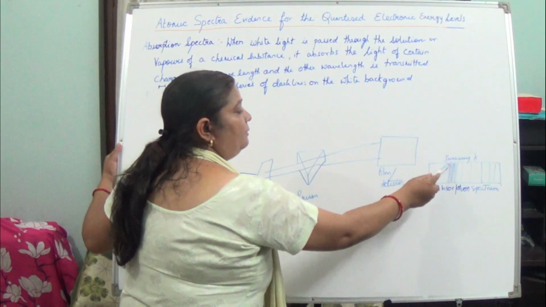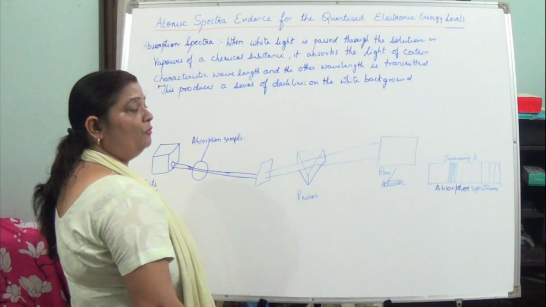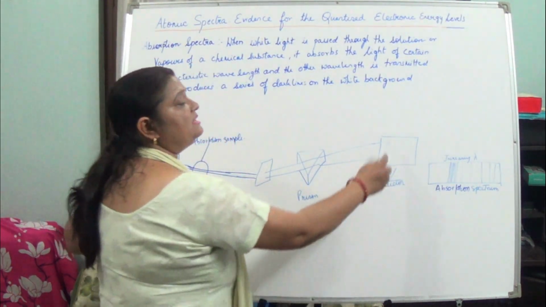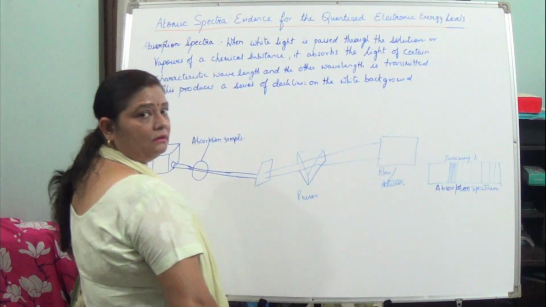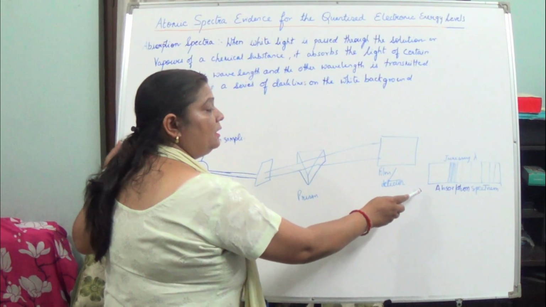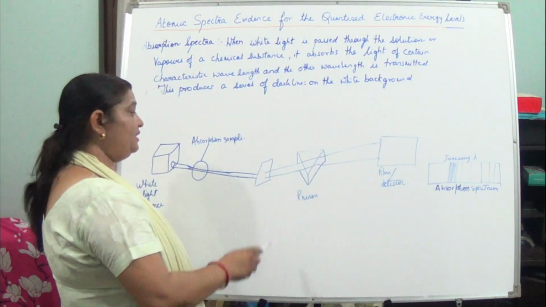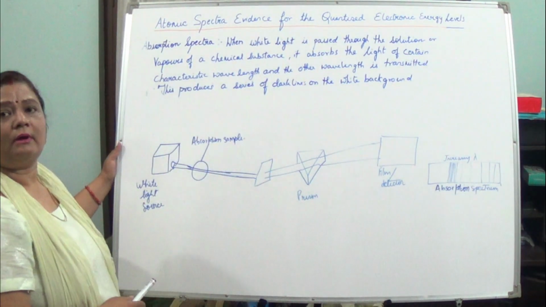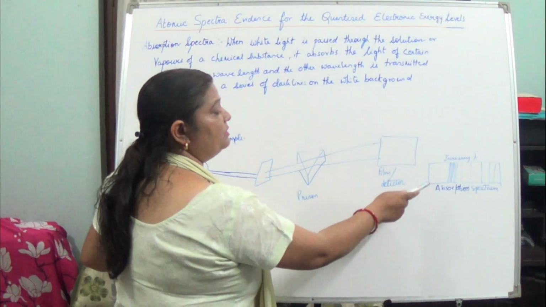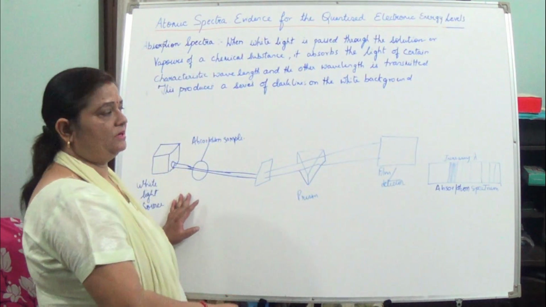In emission spectrum, you will see bright color or bright lines; in absorption, dark. Because the absorption spectrum is just the opposite of the emission spectrum. Here we have taken the same sample, that is of hydrogen. So whatever we are getting in the spectrum, you will see it will be just opposite to the emission spectrum.